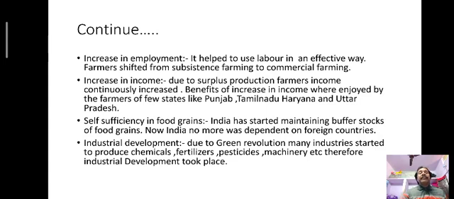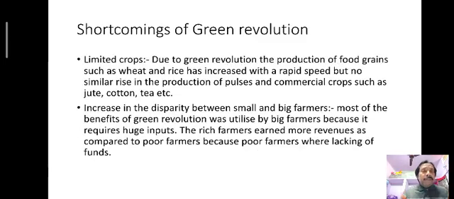These companies were set up by the private sectors and the government sectors, and due to that the industrial revolution also occurred in our country due to the development of the Green Revolution. But here we also find that there are some shortcomings of the Green Revolution.